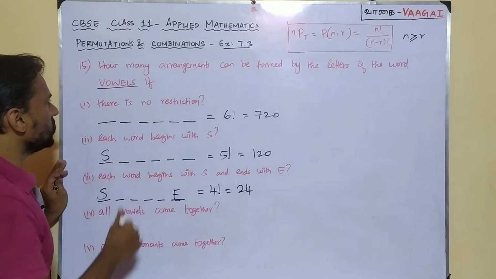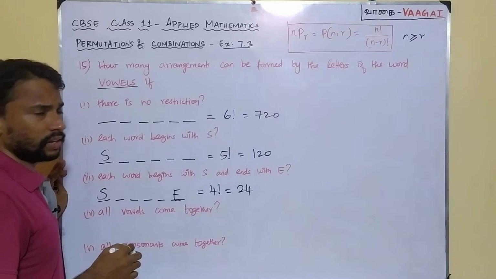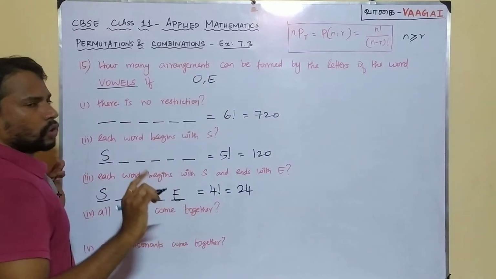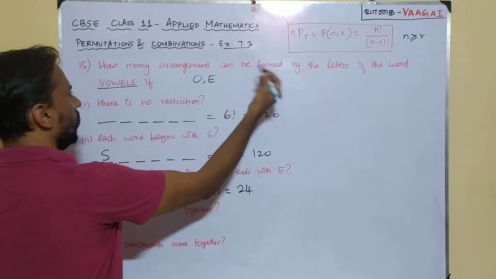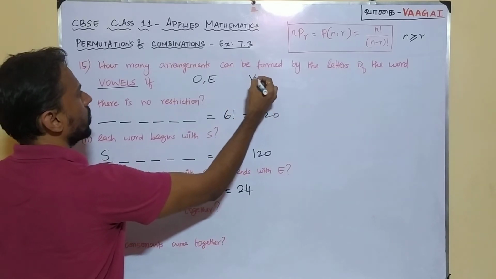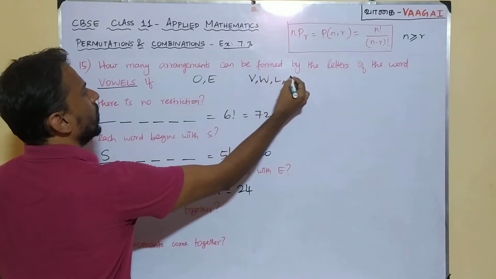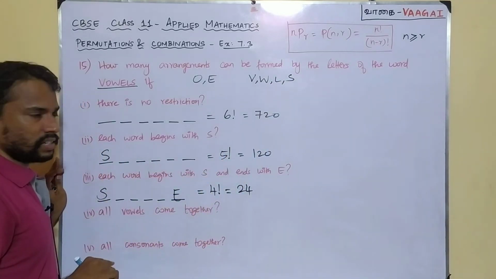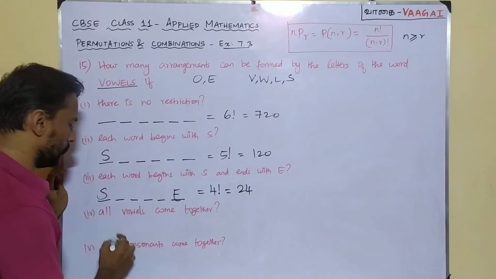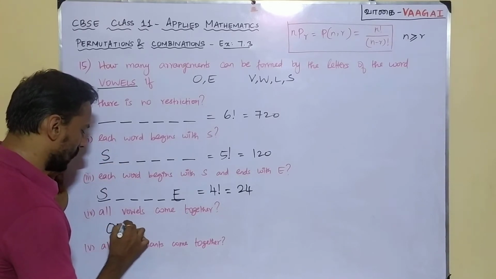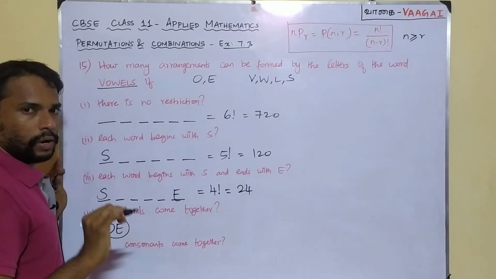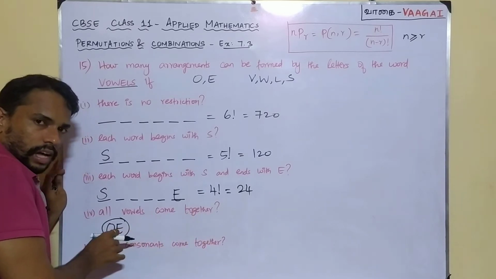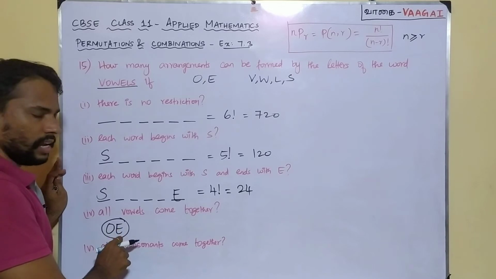The vowel letters available are O and E, and the other letters, V, W, L, S, are going to be consonants. So the vowels should be together, which means we will make the vowels as one single bunch. Since the vowels are together, I am collecting the vowel letters, so O and E are put together.